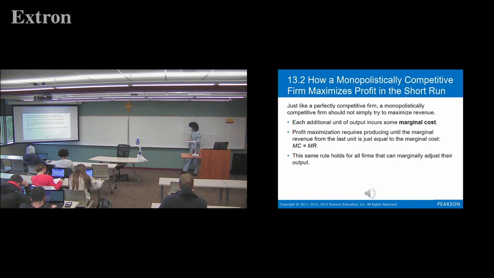So again, for the third time, we produce where marginal revenue equals marginal cost. I told you, I think it was during perfect competition, that this is going to be a theme through all these markets. You produce where marginal cost equals marginal revenue. So all firms that can adjust their output by just a few units are going to use this rule. It's going to be true for perfectly competitive markets, monopolistic markets, and monopolistically competitive markets.